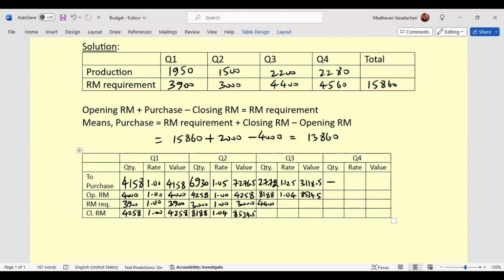Since it is issued on FIFO basis, that will be at 1.04 only. Value for that will be 4586.2. Now, opening raw material value is 8534.5 plus the purchase value is 3118.5 minus the raw material requirement is 4586.2. We get 7066.8.